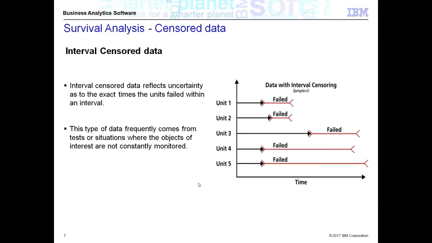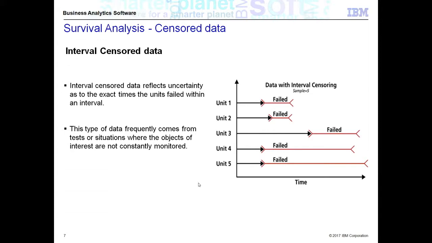What's interval censored data? For example, if we are running a medicine test on 5 units and inspecting them every 100 hours, we only know that a unit failed or did not fail between inspections.